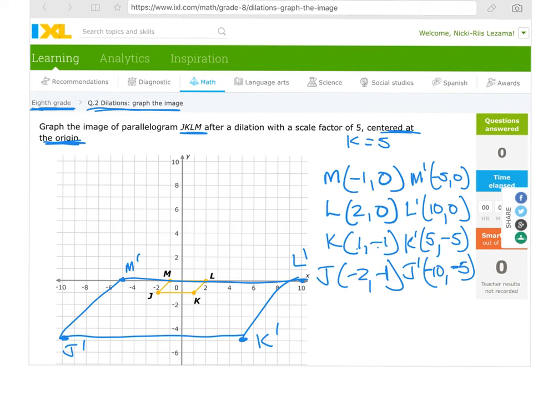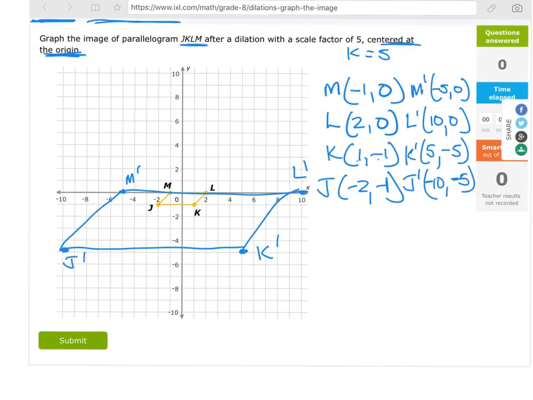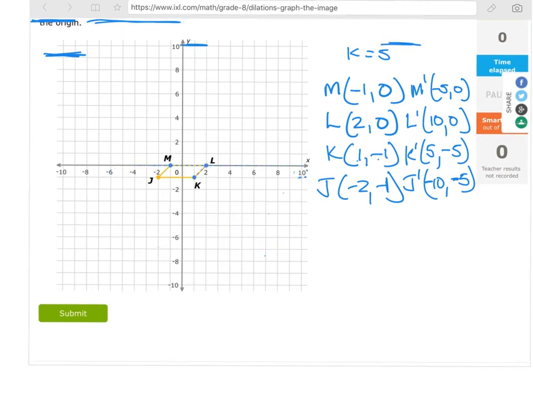Okay, so let's submit that for IXL. So we know that M is minus 5, 0. So we go to M and drag it to minus 5, 0. L is 10, 0.